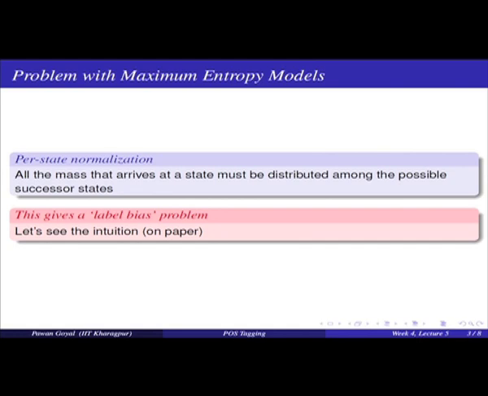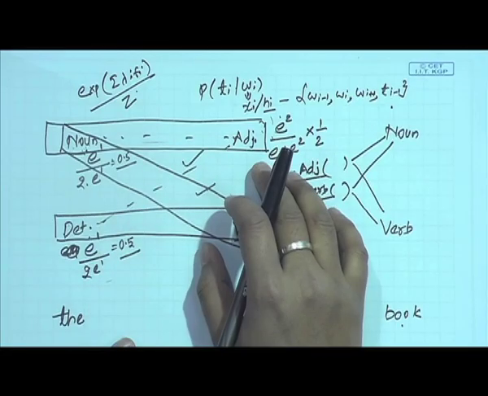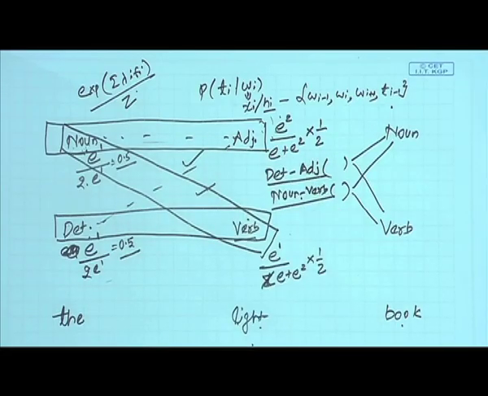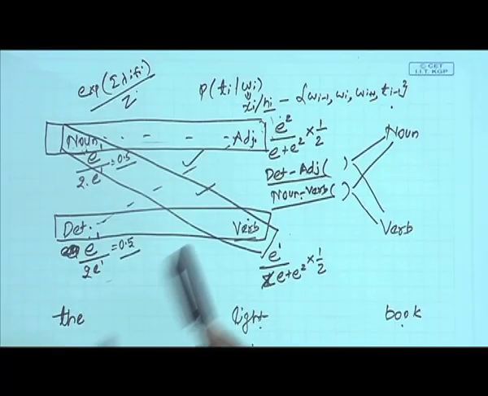Okay. So, let us see what is the intuition. So, what do I mean by this? So, first let me take the same example to explain what do I mean by normalization at each state. So, take this one. Okay.